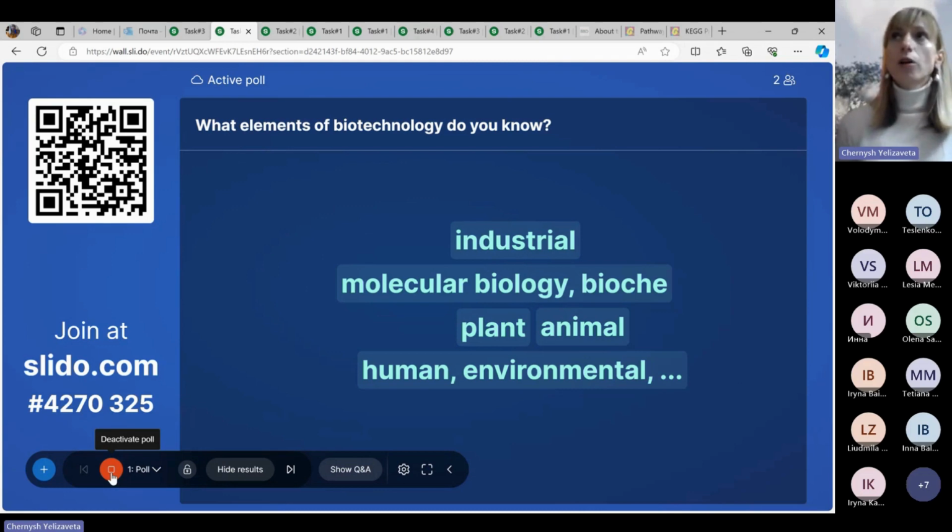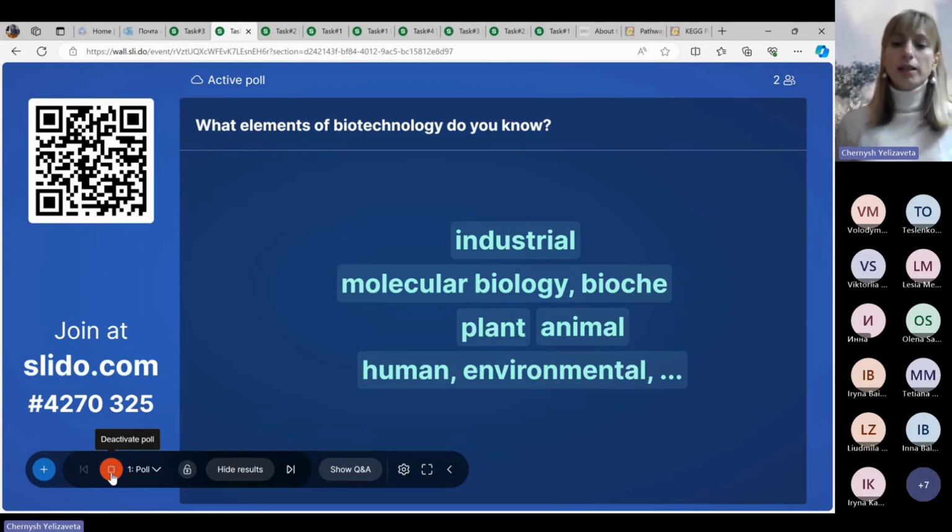Also, we need automation, a system for controlling parameters, and stimulation, that helps to control and monitor all processes. It's also very important. And we get some products, basic products. And we will talk about these basic biotech products that we can get.